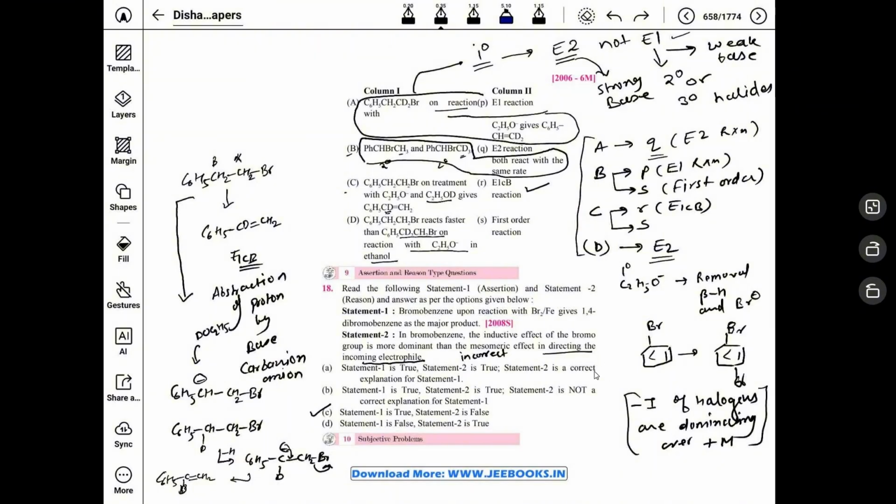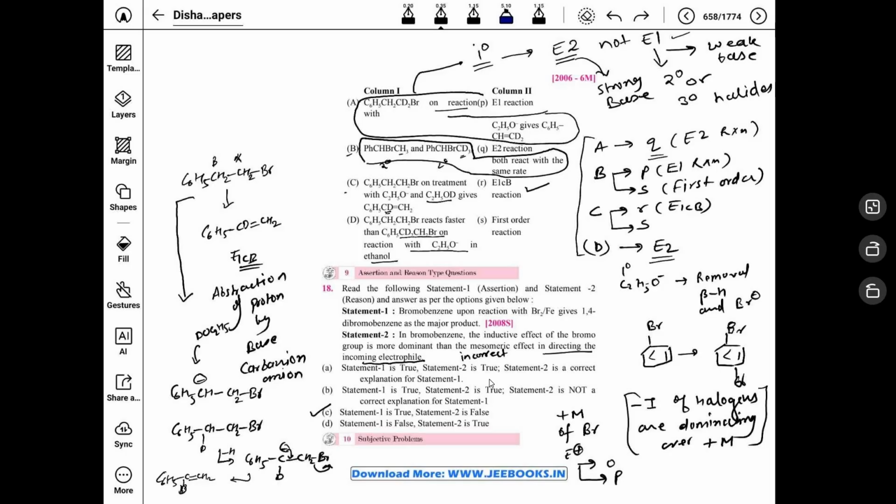So which effect directs the electrophile? The positive mesomeric effect of bromo directs the electrophile at ortho and para positions. This is the correct reason. Hence we can say that statement 2 is incorrect.